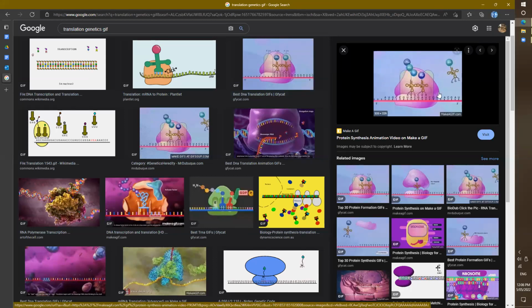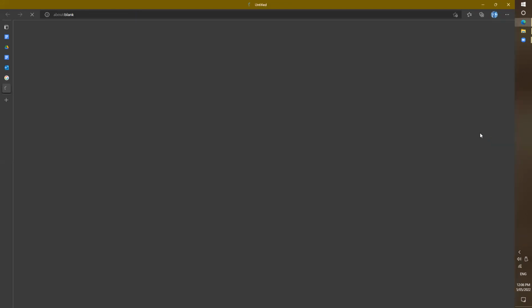We have this huge purple blob, the large and small ribosomal subunits. And then on the bottom here, this is our mRNA strand from 3' over here to 5'.